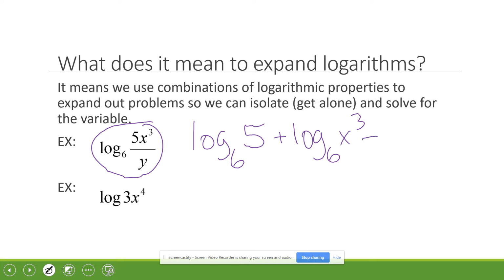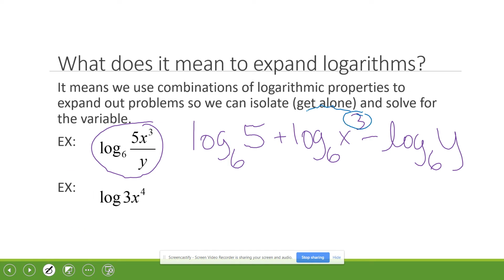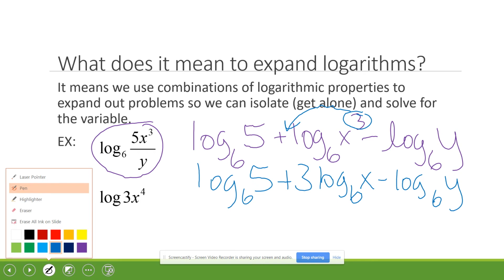Then we're dividing, so we subtract log base 6 of y. We have one more property to take care of here, and that's our exponent of 3. That means to drop down to the front. So log base 6 of 5 plus 3 log base 6 of x minus log base 6 of y. That would be our final expanded form.